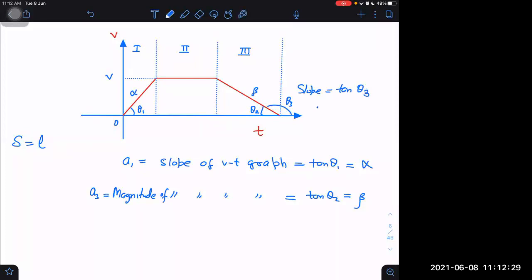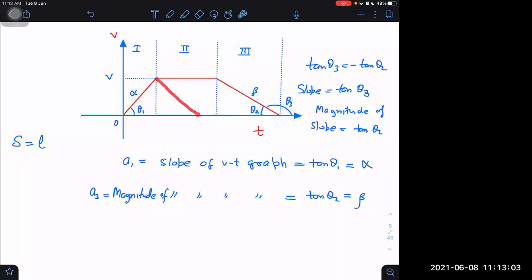Therefore, I am just taking the magnitude of slope, and the magnitude of slope is equal to tan theta 2. Tan theta 3 is equal to minus tan theta 2.